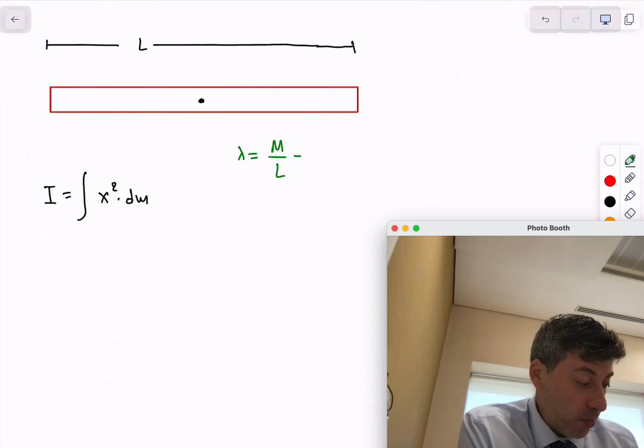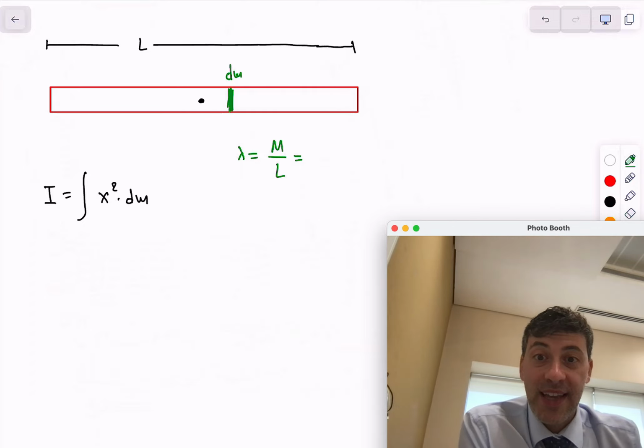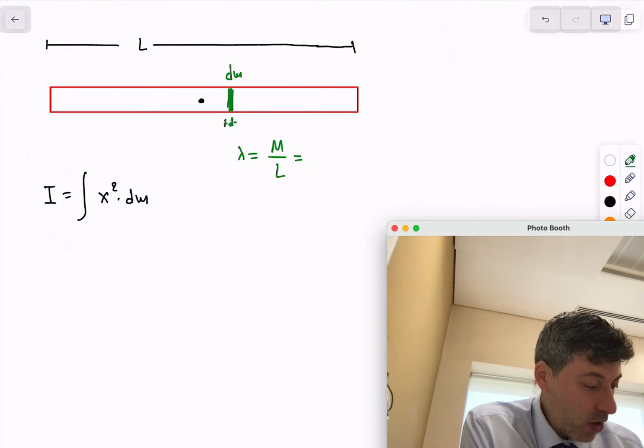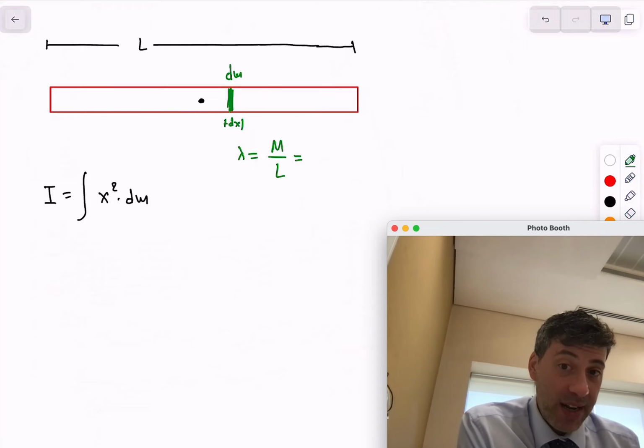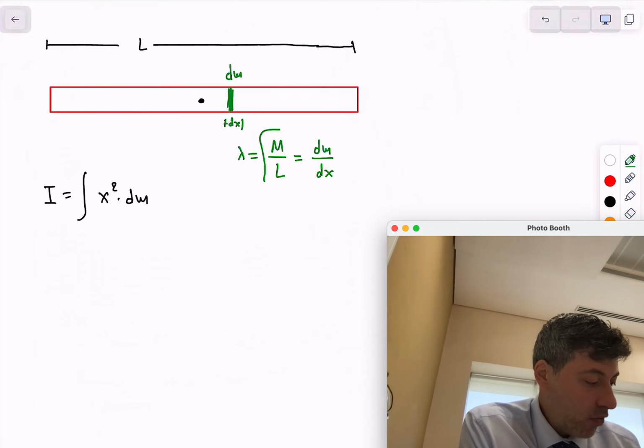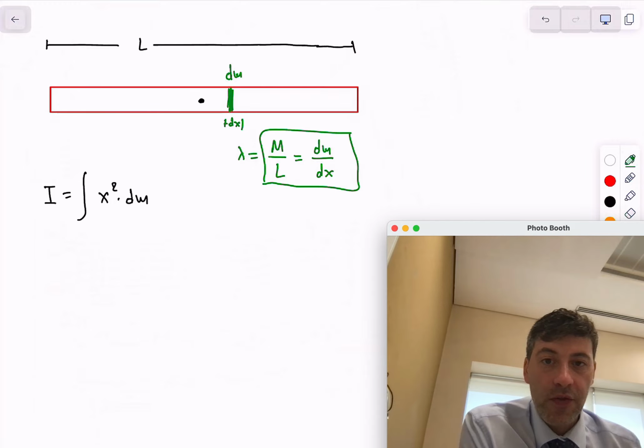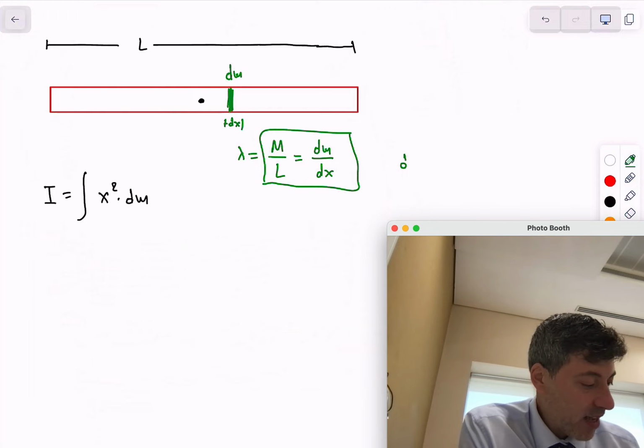Now, this also means that if we consider a very small mass that we call dm, this very small mass has a length that we call dx. So, at the same time, the linear mass density is dm over dx. If we take the second part of this equation, we get that dm is equal to mass over length times dx.